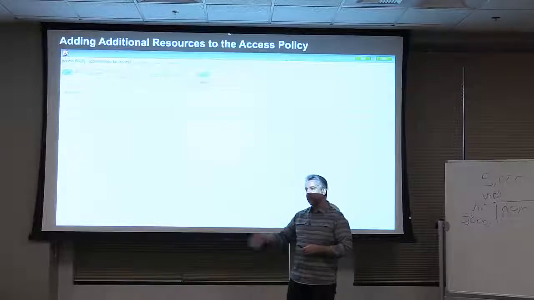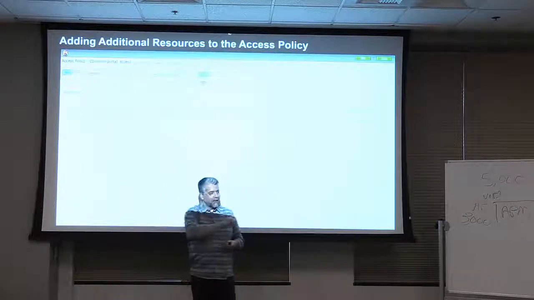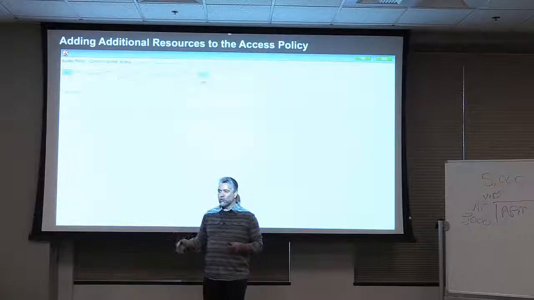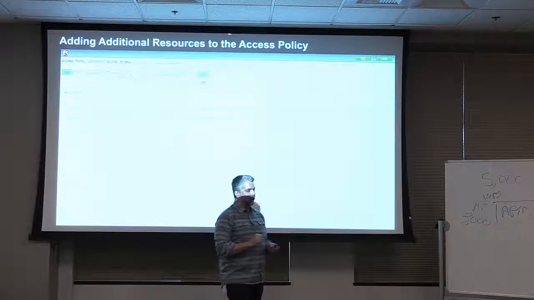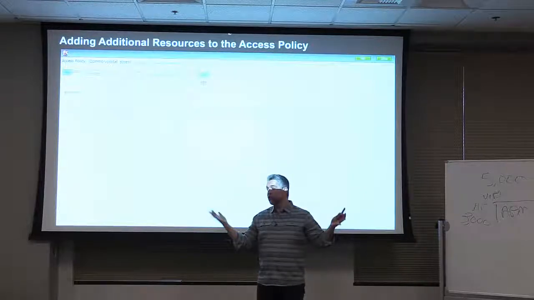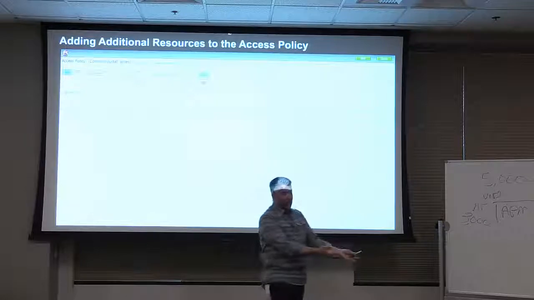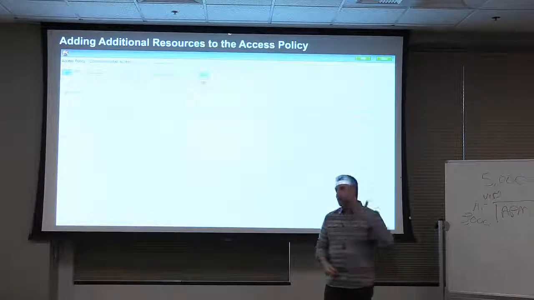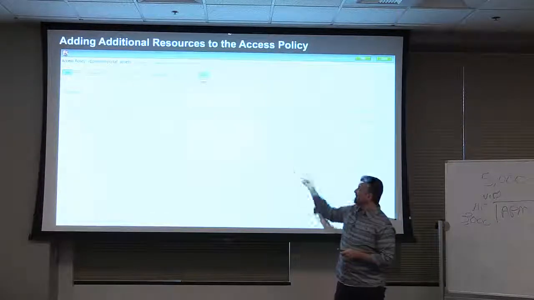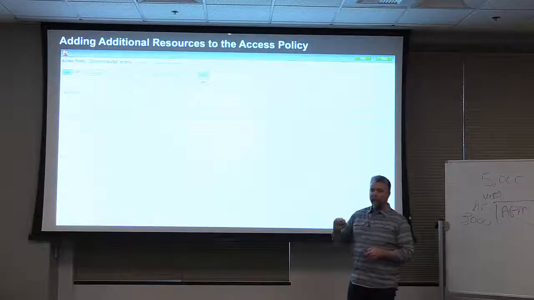But right now I'm just saying, if you can authenticate, you can have these resources. So basically all users from Active Directory, or let's just say all my employees, get access to all these resources. When I take my laptop home, I'm going to get the same resources when I'm at home. When I connect to my mom's computer, I'll get the same resources because the policy is very basic at this time. But I want to add those new resources.